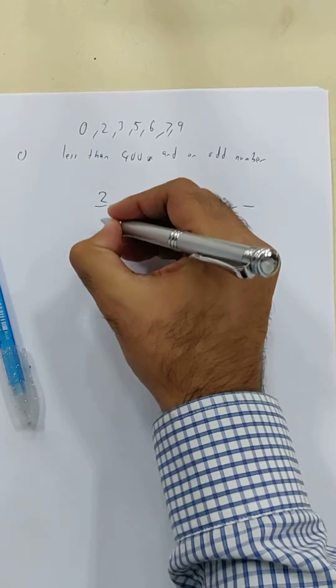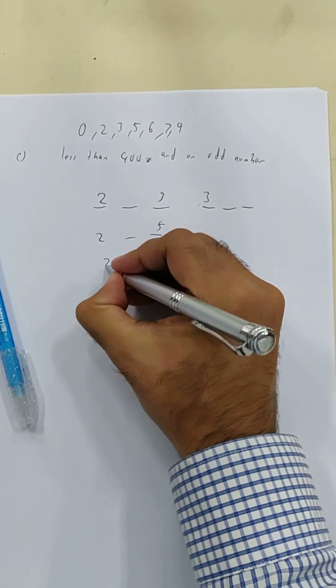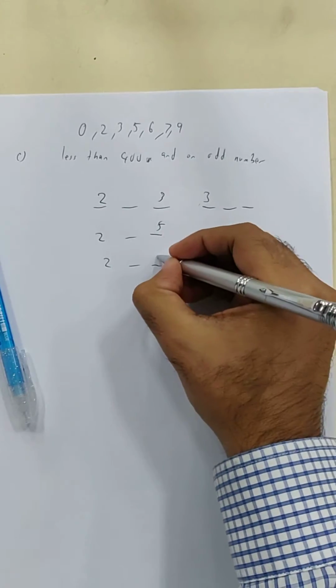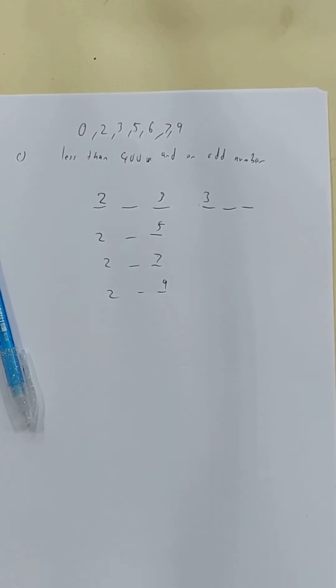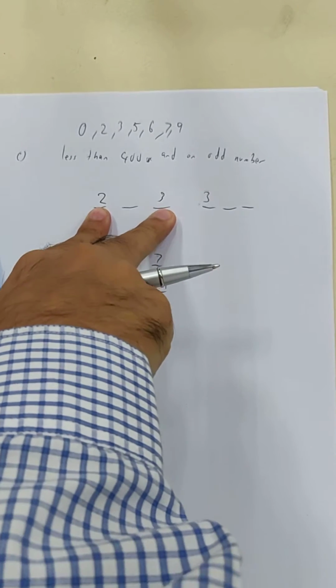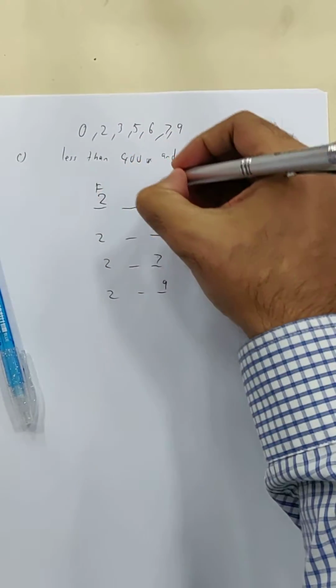It's either 3 or 5 or 7, 9. What can I say about 2 and 3 here? They have been fixed.